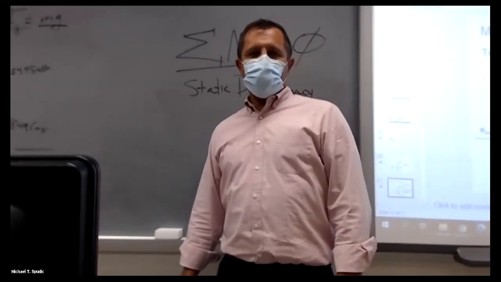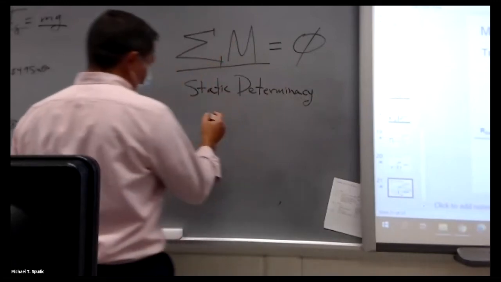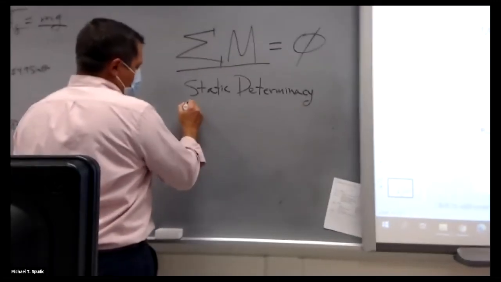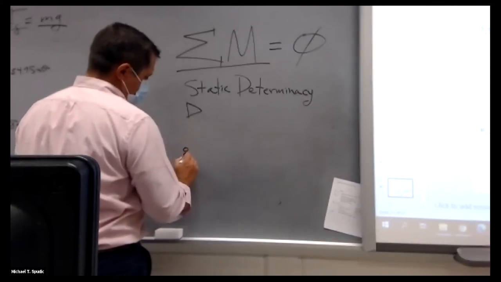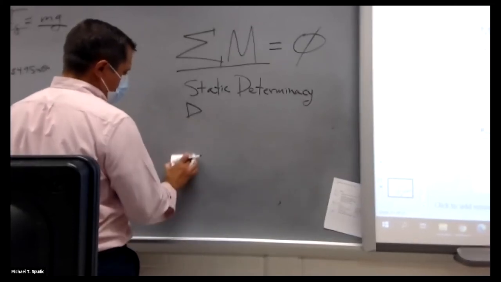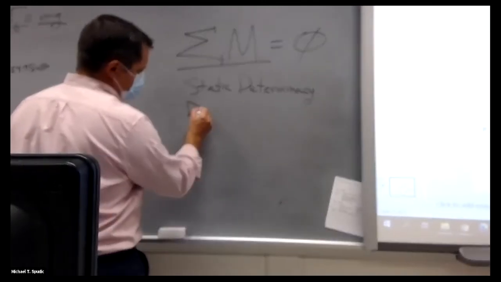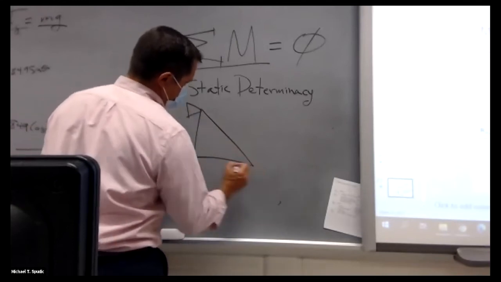Does that make sense? So if I have something that looks like, I don't know, I'll do this. I'm lazy, I want to do it that way anyway. So okay, I got this, and I got that.